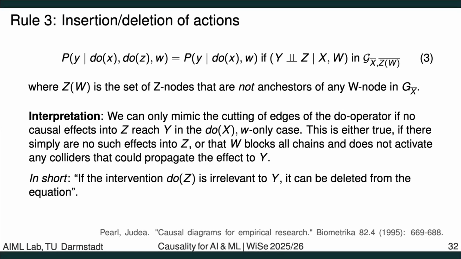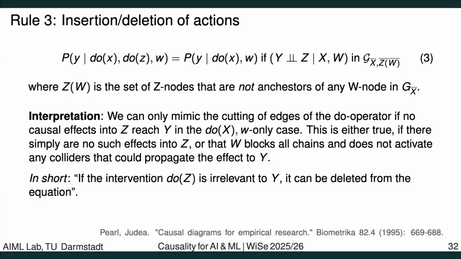So set cannot directly be affected or have an arrow into Y, or if it does, we don't want it to be a parent of any of the W nodes, because if we condition on them, they're still in the conditioning set, right?